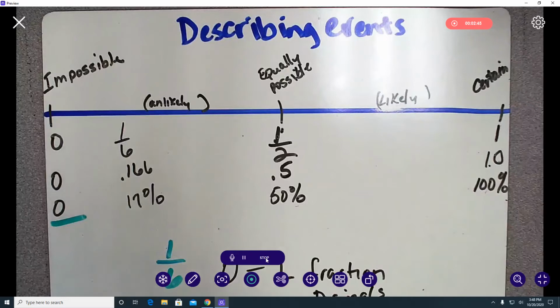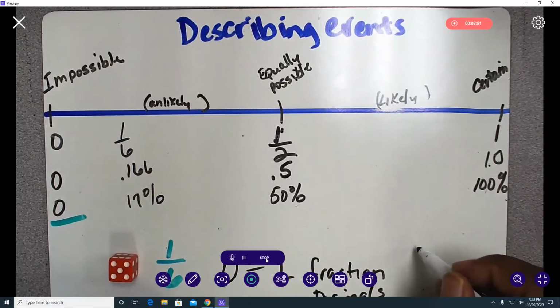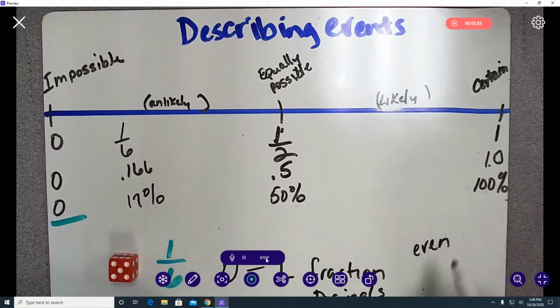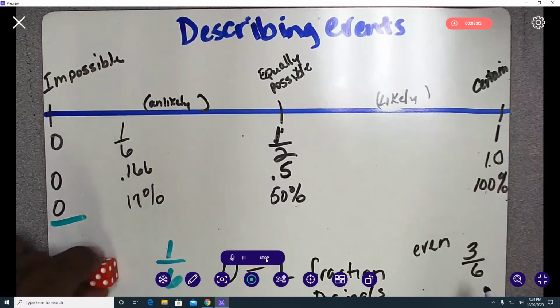Let's take the same die, and we want to say, what's the probability of rolling an even number? We know that there are 6 numbers, and we know that there are 3 even numbers, 2, 4, and 6.